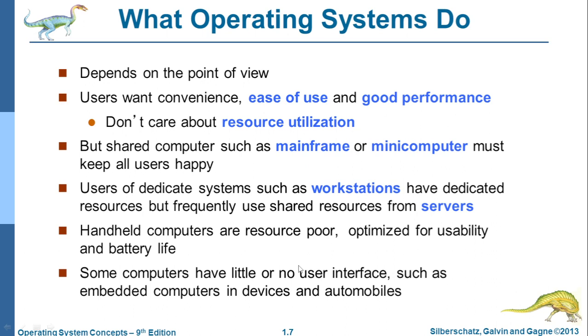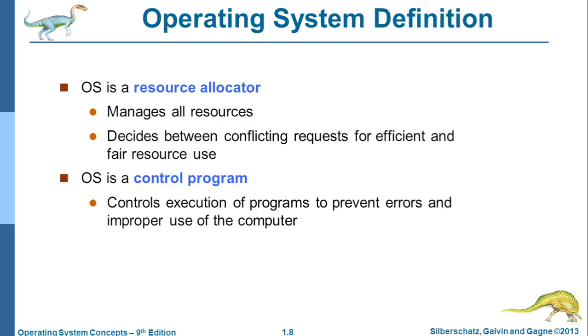So what does operating system do? It is used to make the computer more convenient and easy to use, and it is used for resource utilization, right? Next, resource allocator and control program.